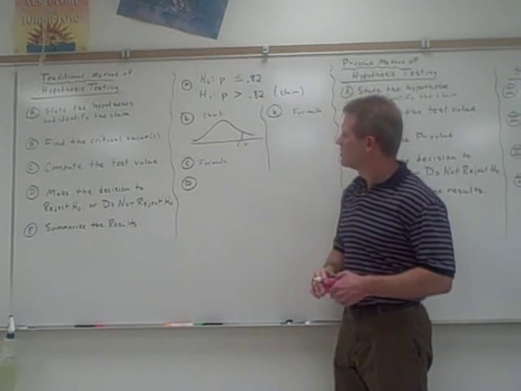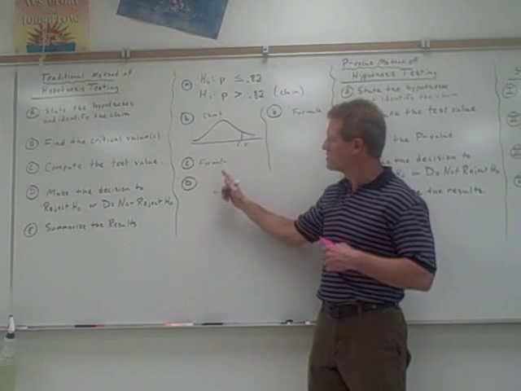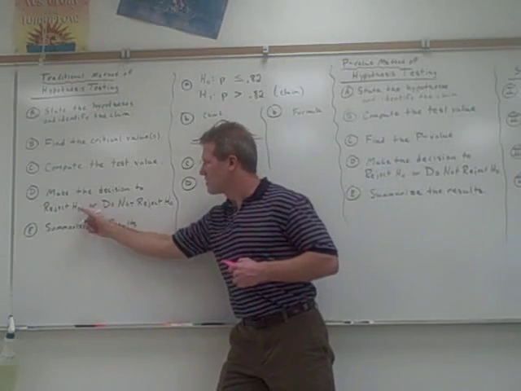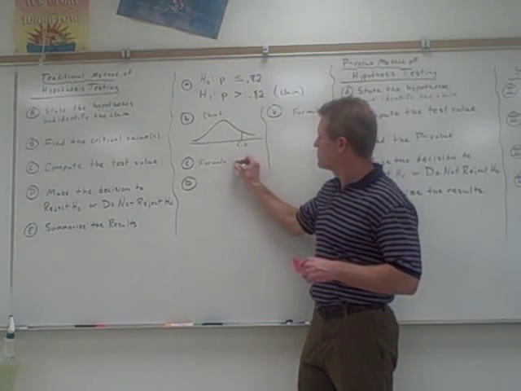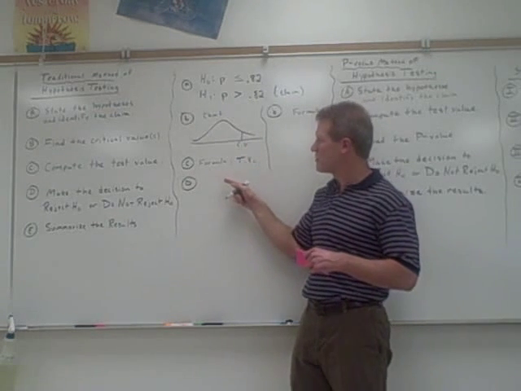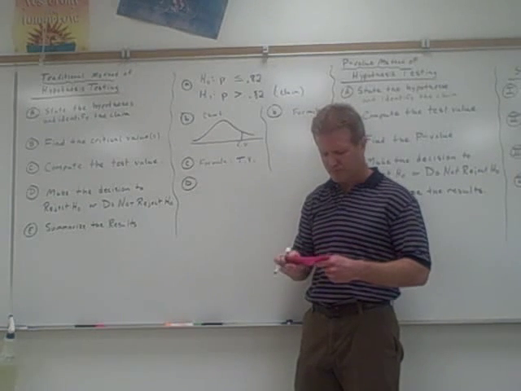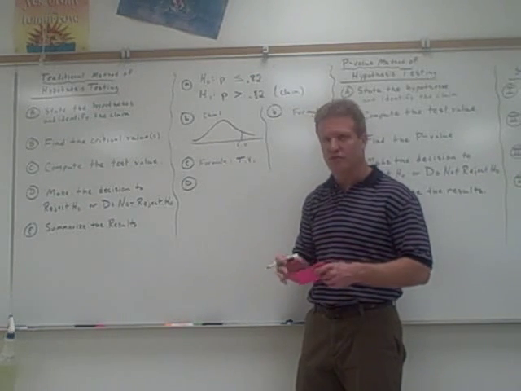Reject or not reject. So let's say you're doing the traditional method, you're trying to do step D, and you've got some type of test value here, and you've got some type of critical value here. How are you going to tell whether to reject or not reject when you're doing the traditional method?